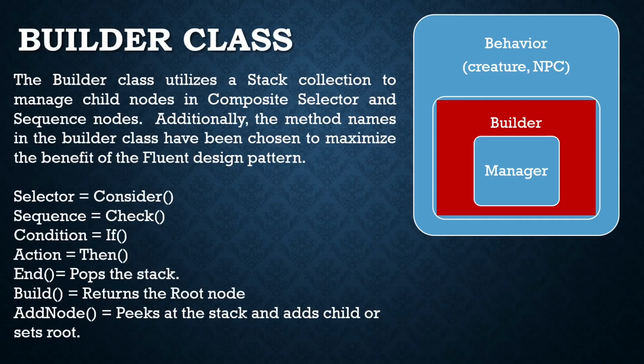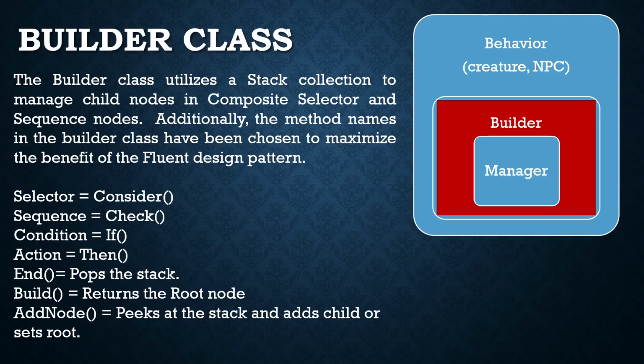The builder class utilizes a stack for the child nodes. Remember, I said that composite nodes can have children. So I utilize a stack collection to manage the child nodes. Think of a stack like a stack of plates, where you add the first one, then you put another plate on top of it, and another on top of that.